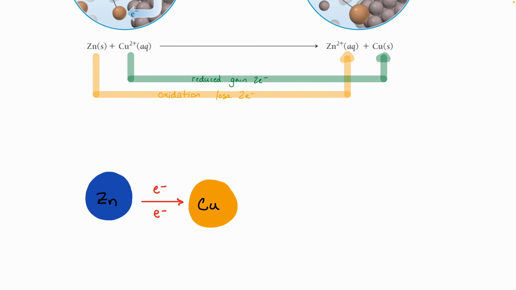So copper is a little bit of a bully in this situation. It's stronger and it comes in and pulls those electrons away from that zinc atom.